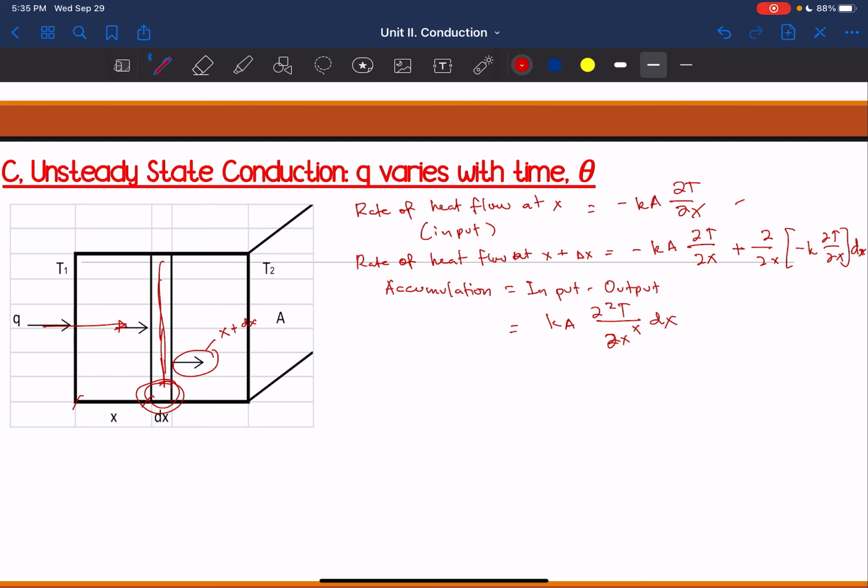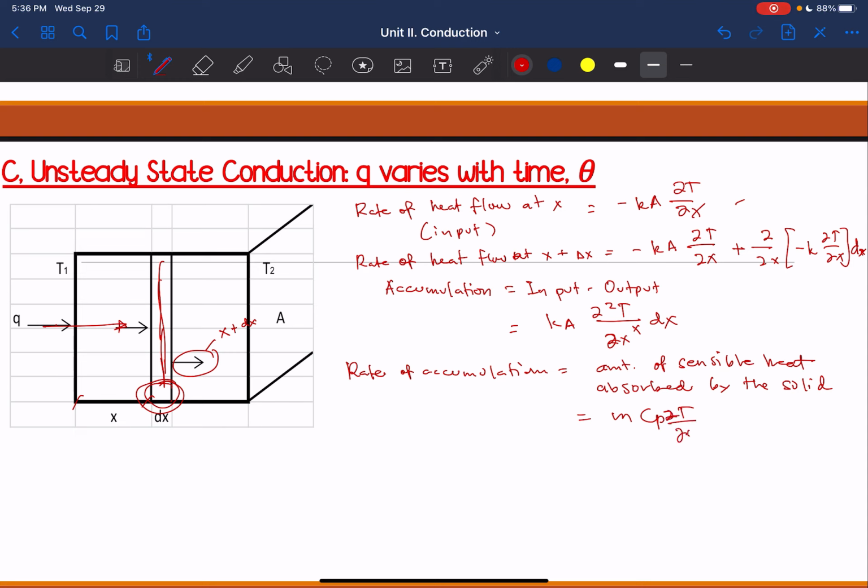Or that is the rate of accumulation is the amount of sensible heat absorbed by the solid. To get the rate of accumulation, we would define it as the amount of the sensible heat absorbed by the solid.